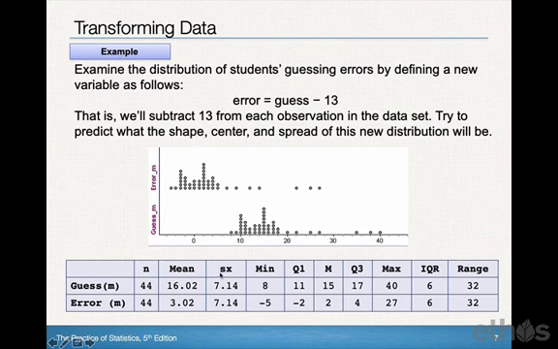The SX, that would be the standard deviation of this sample, didn't change. All of the minimum, Q1, median, Q3, and max, all of those decreased by 13, but the interquartile range stayed the same and the range stayed the same. So there's also numerical evidence that adding or subtracting a value to each member of a data set only changes measures of center and location.